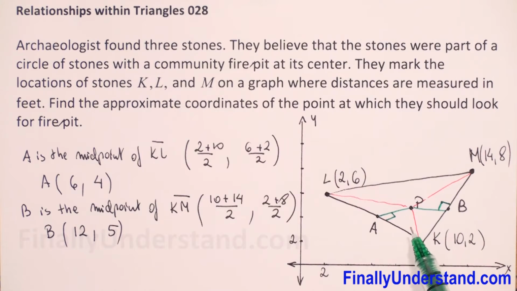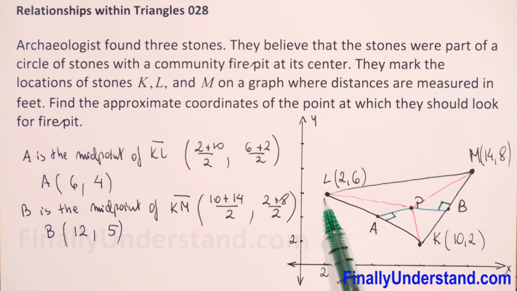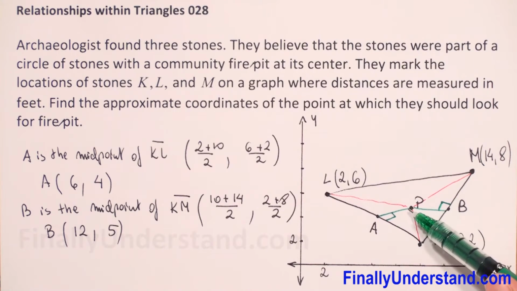We need to find the perpendicular bisector. We will find the line which is perpendicular to segment KL. We will find the slope of line KL, and when we have the slope of line KL, we will find the slope of line AP which is perpendicular to KL. And we will find first the KM line slope and next PB, because PB is perpendicular to KM.